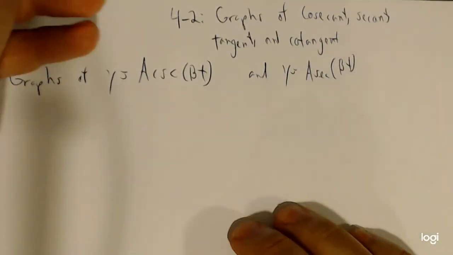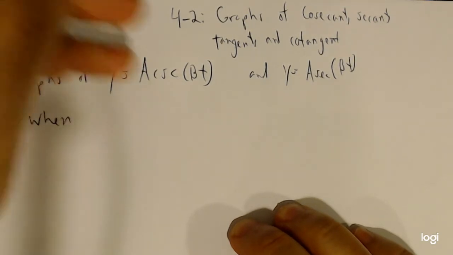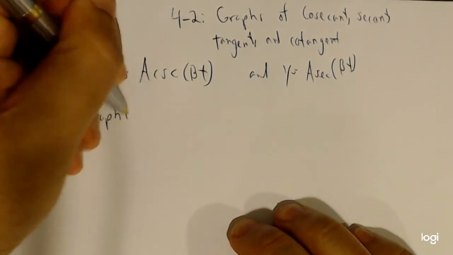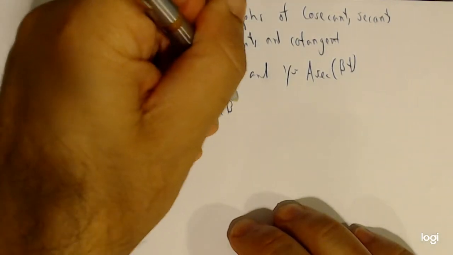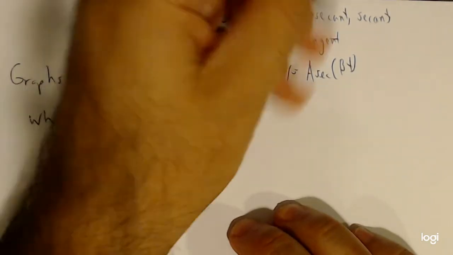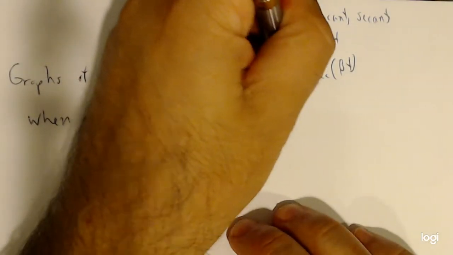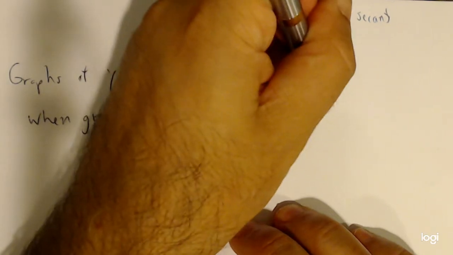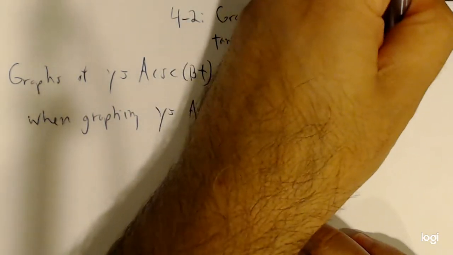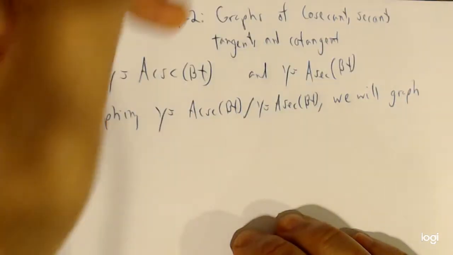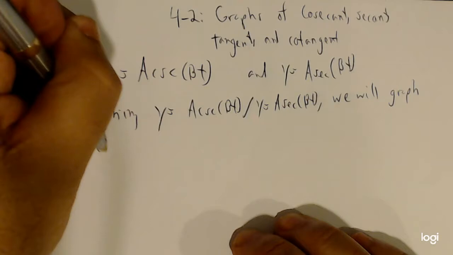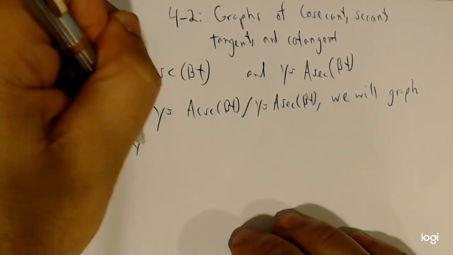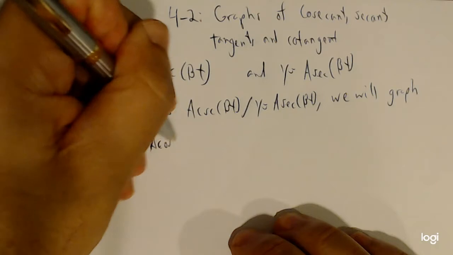So let's start off by saying, when graphing y equals a cosecant of bt, or y equals a secant of bt, we will instead graph y equals a sine of bt, or y equals a cosine of bt.